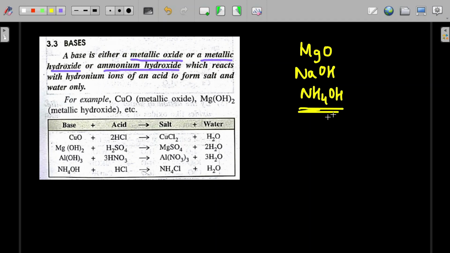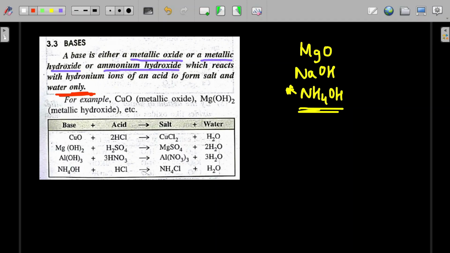Here you don't have any metal, but still it is a base. This one thing you should know: it reacts with acids to form salt and water only. This word 'only' you have to put.